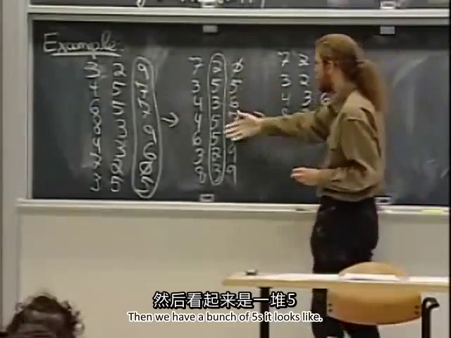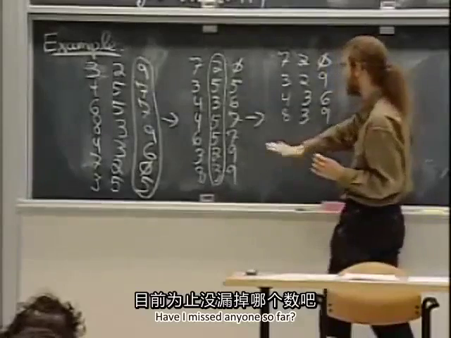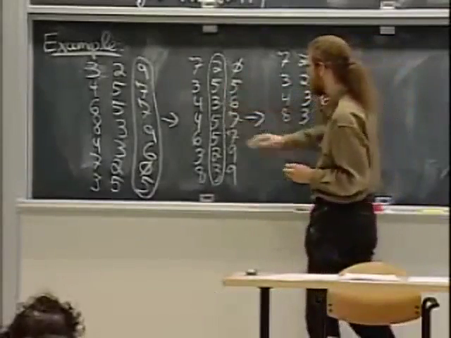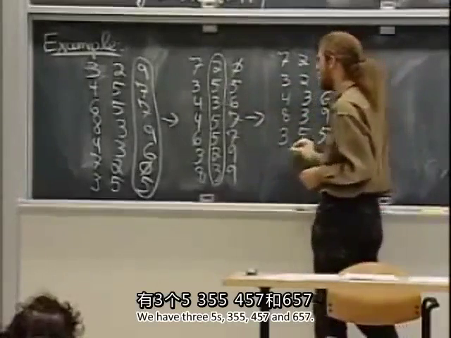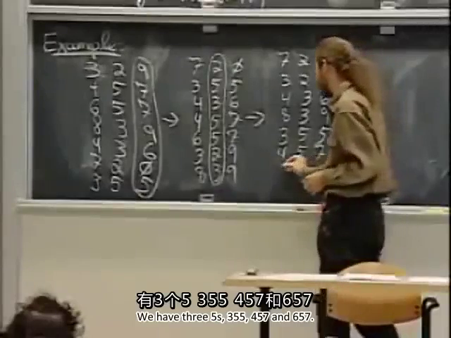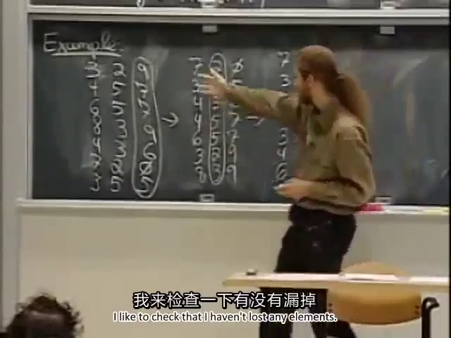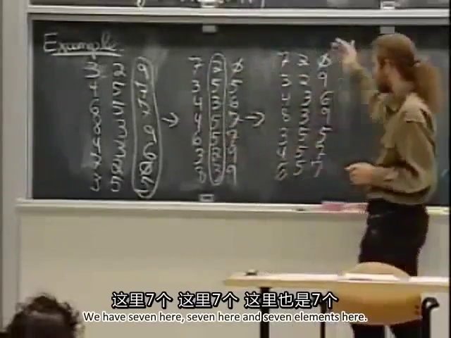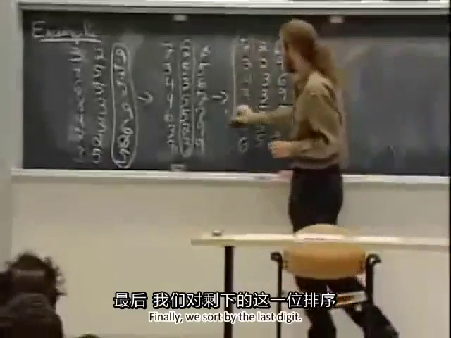Then we have a bunch of 5s. Have I missed anyone so far? No? Good. We have three 5s. We have 355. We have 457. And we have 657. And I'd like to check that I haven't lost any elements. So we have 7 here, and 7 elements here. Good. Finally, we sort by the last digit.